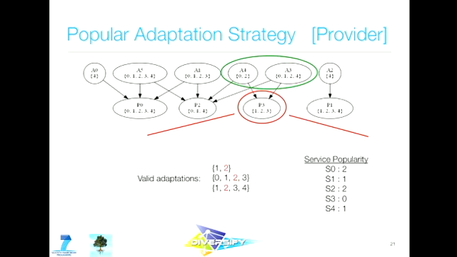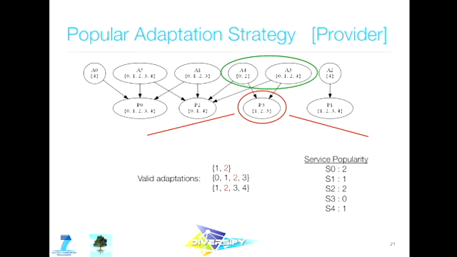The second strategy we call the popular adaptation strategy. Also a very terrible name again. In that sense, a provider varies its set of services based on how popular or unpopular the services are. Popularity depends, again, on how used the services are by the consumers attached to you.